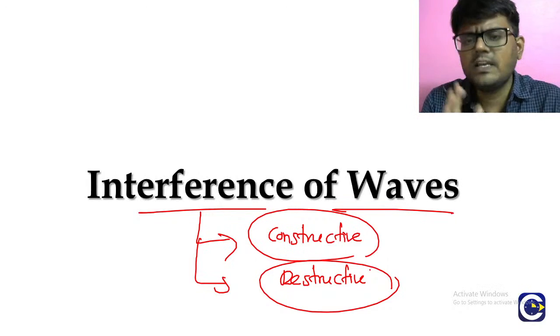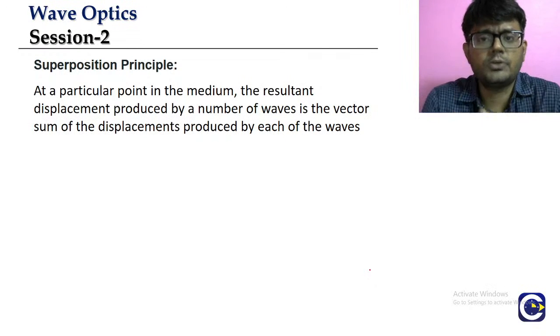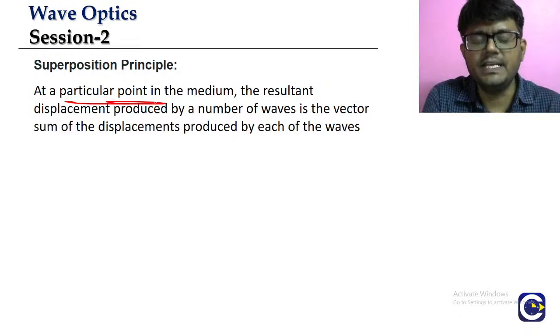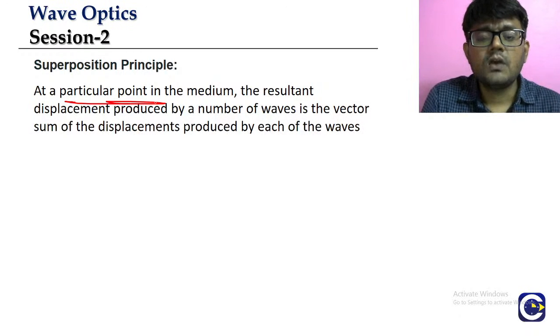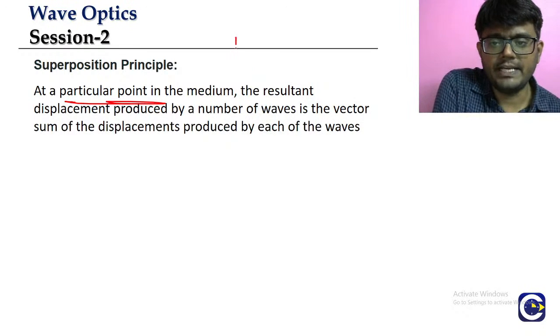First we'll begin with the basic idea of superposition of waves. What is the superposition principle? If you have any point in space or any medium where two or more waves are approaching, what is a wave? It's like a disturbance only, right? Think about it.